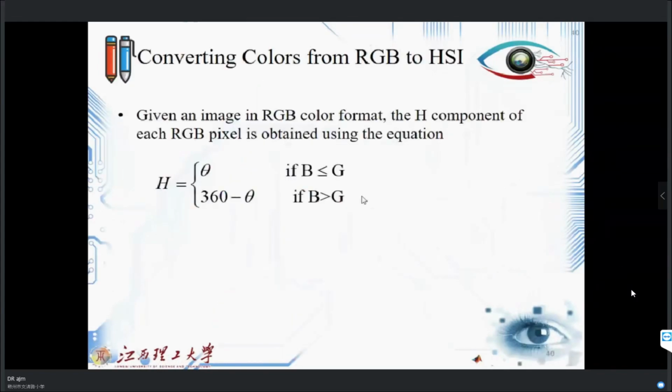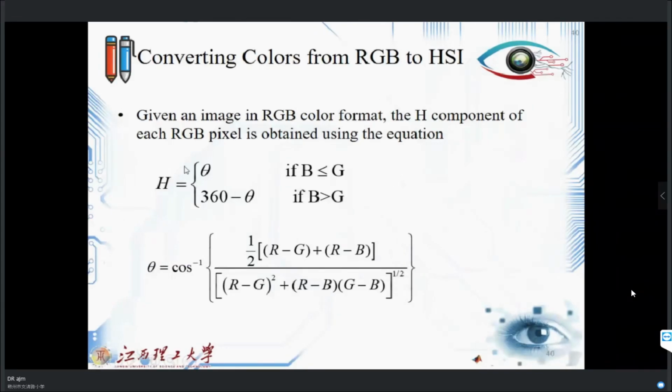What we should know now is how we can convert the color from RGB to HSI. Suppose we are given an image in the RGB format. The H component of each RGB pixel can be obtained by this formula. We have theta if B is less than or equal to G, and 360 minus theta if B is greater than G. The theta value will come from this formula that we have in HSI systems.